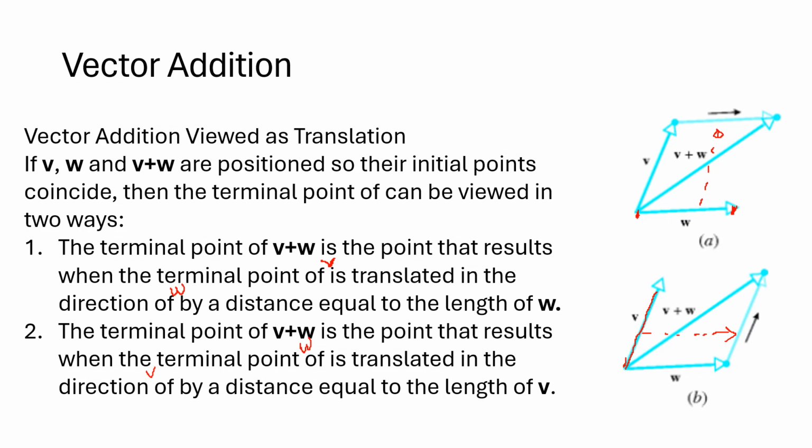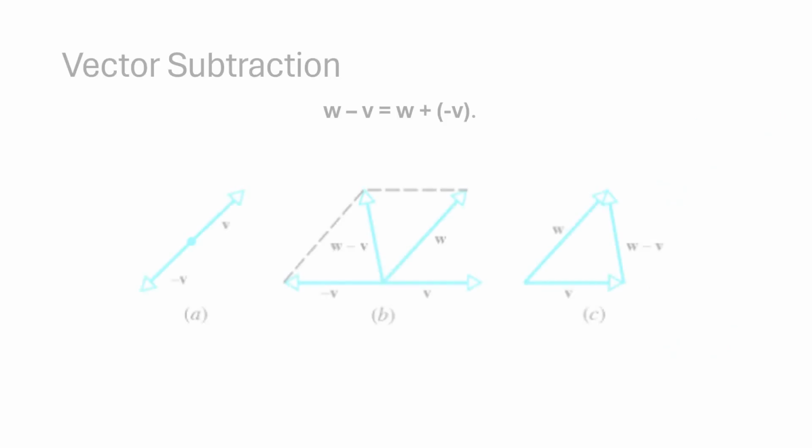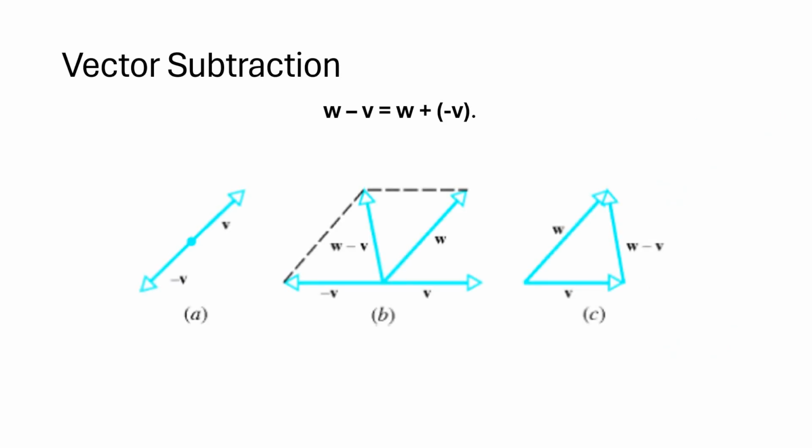Okay, vector subtraction. In ordinary arithmetic, we can write a minus b as a plus the negative of b, which expresses subtraction in terms of addition. There is an analogous idea in vector arithmetic.